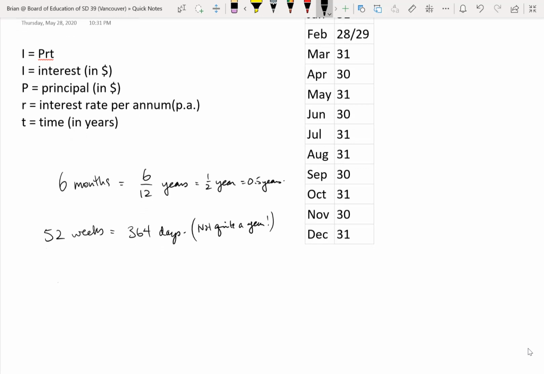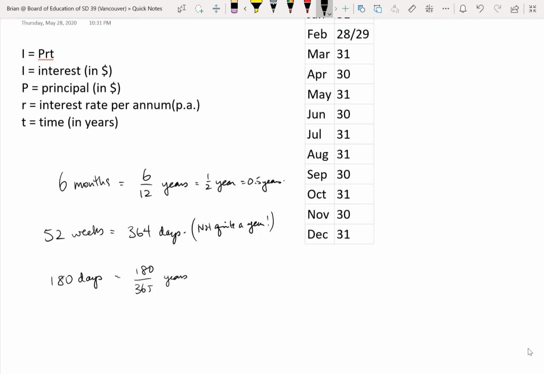So for instance, if you want to convert 180 days into a certain number of years, you can just say, well, that's 180 over 365. It's about a half a year. And so, how much is that? Well, we're going to see a little later on when we do these calculations that you probably don't want or need to actually figure out what that is in terms of a decimal.